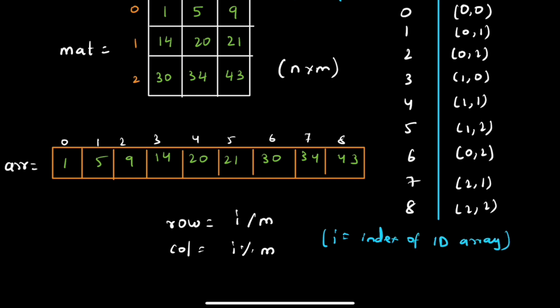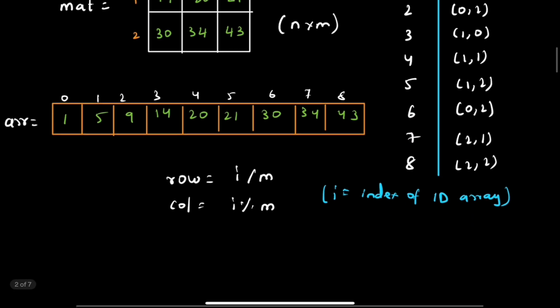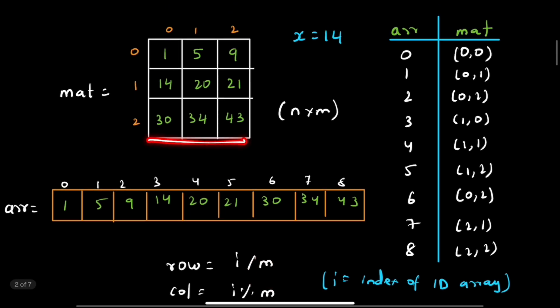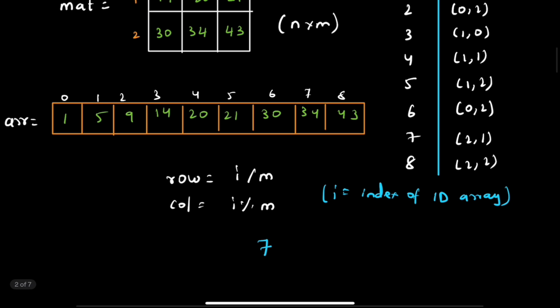Now to prove that we get the row and column with this index, let's take a random index. Let's take 7. Now what is m? Here we can see the m size is 3, that is, every row has 3 columns. So if we do 7 by 3, what will be the answer? It will be 2, right?